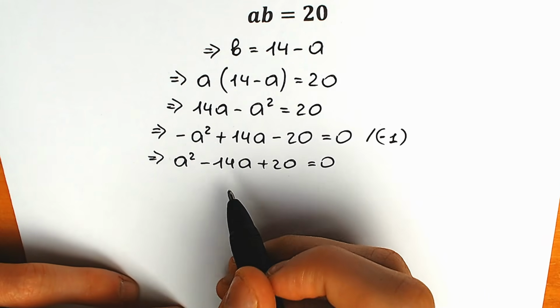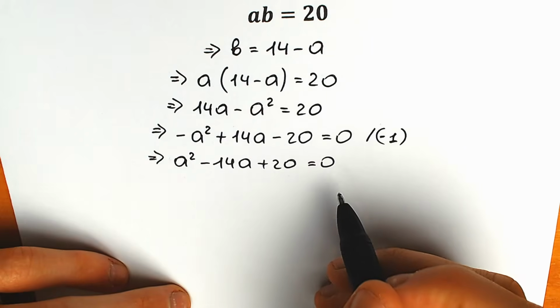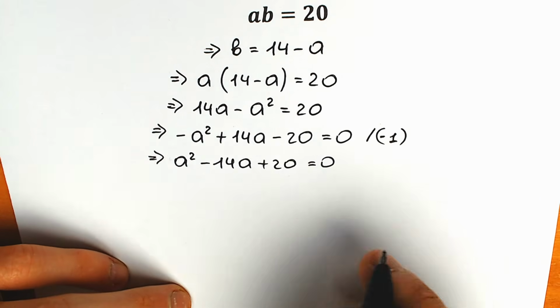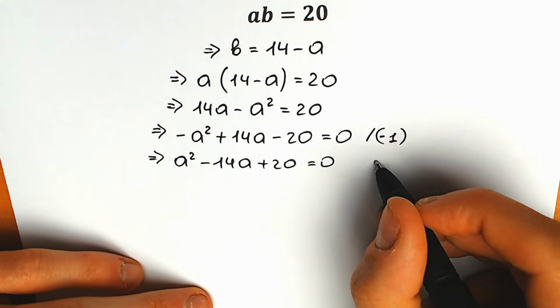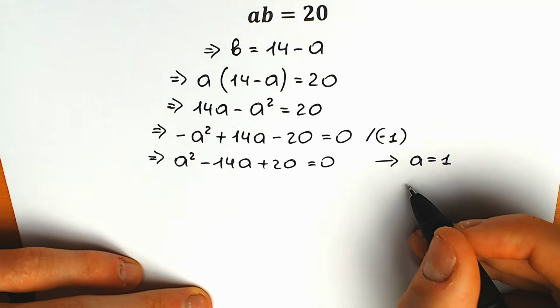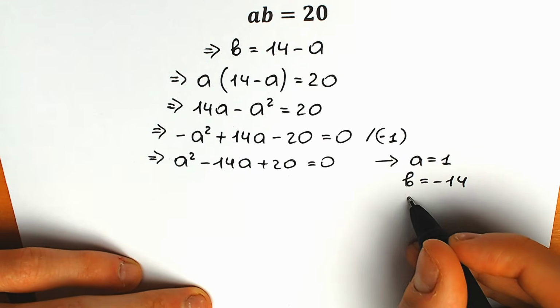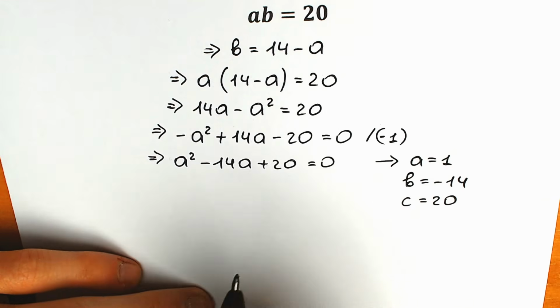Right now we have a basic quadratic equation, and of course it is up to you how you prefer solving this type of question. For example, let's write our coefficients quickly: a equals 1, b equals minus 14, and c equals 20. We know our formulas.